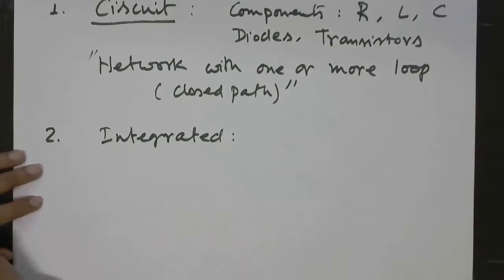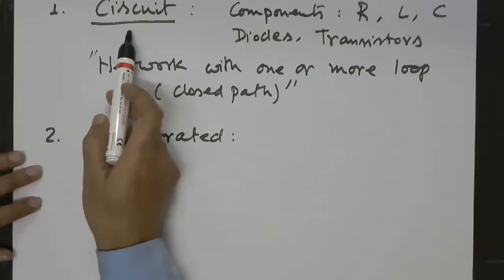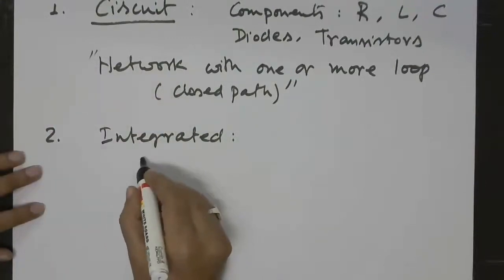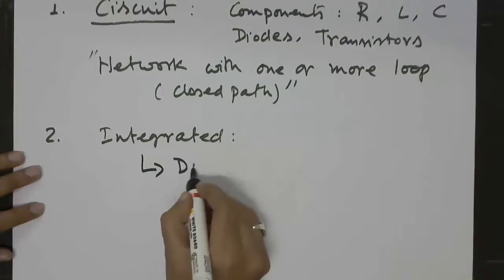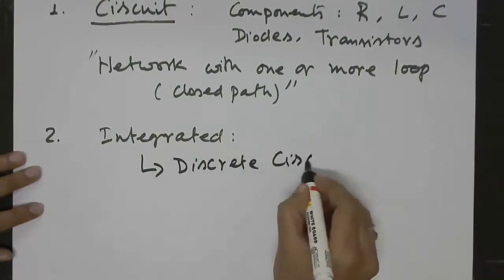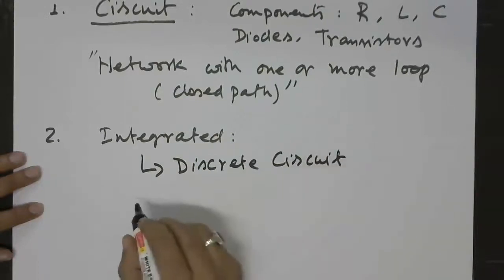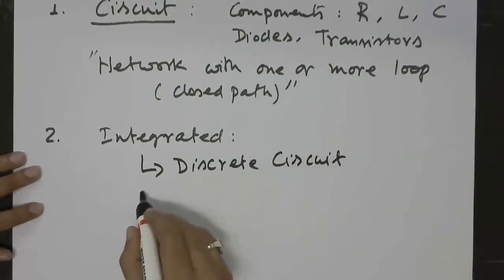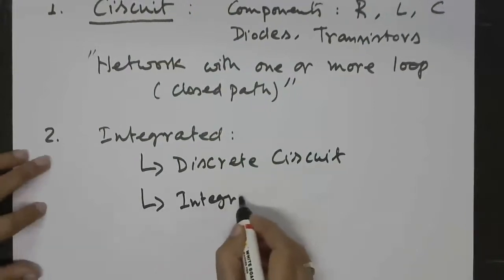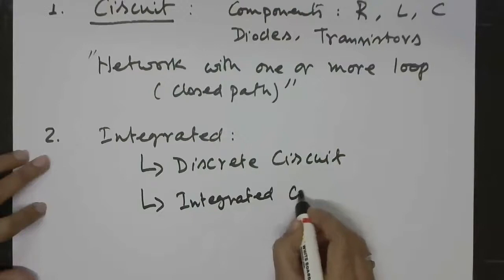So based on the implementation or fabrication, circuits get divided into two major classes. First is discrete circuits, and second is integrated circuits.